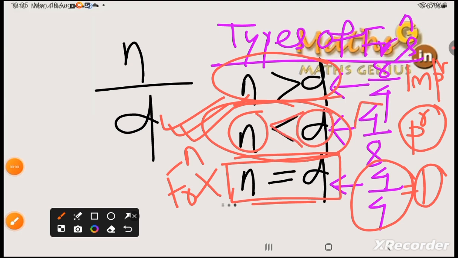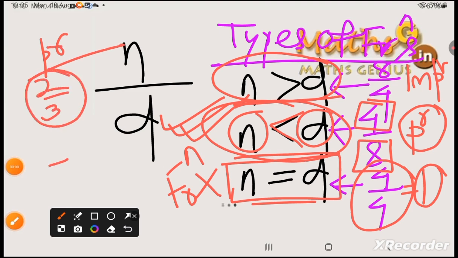For example, numerator 4 is lesser than denominator 8. Another example of a proper fraction, 2 by 3. Another example, minus 1 by 2. Another example, 3 by 9.